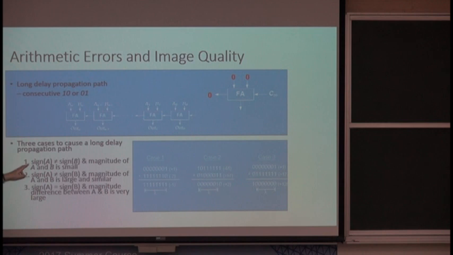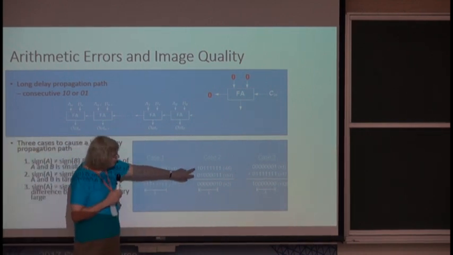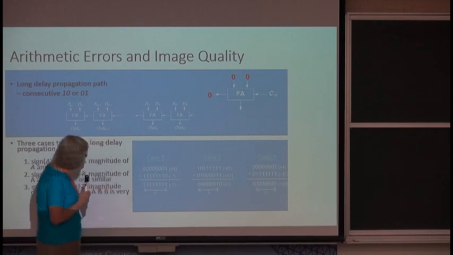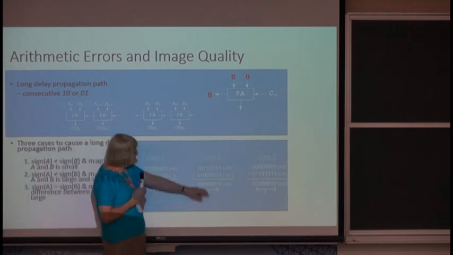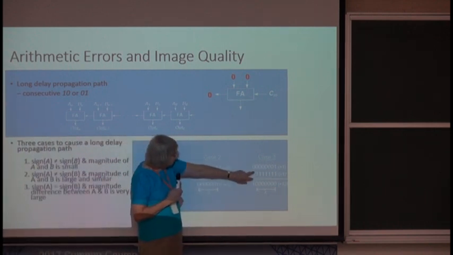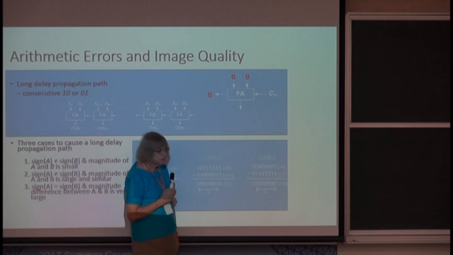One is where the signs of the two inputs are different and the magnitude of the values is small. Another case is different signs and both inputs are large and of similar magnitude. The third case is same sign and a big difference in magnitude, which is this sort of -1 + 1 kind of case.